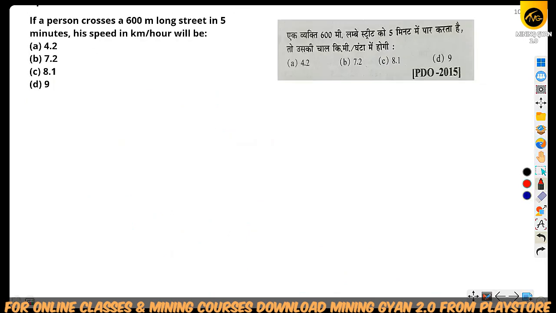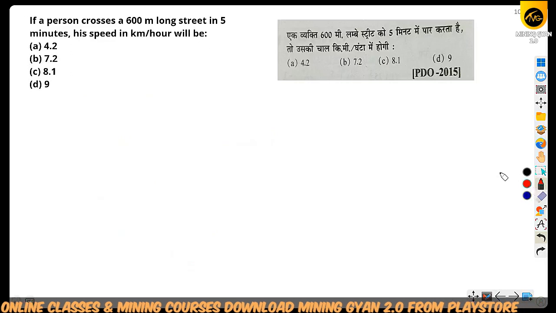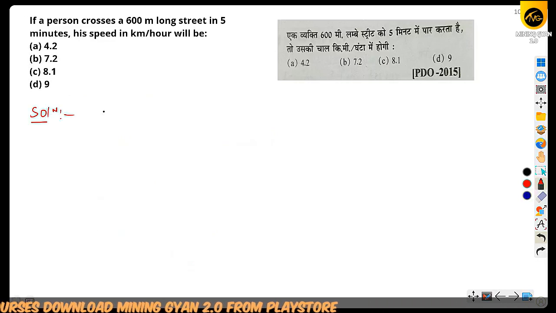Okay, next question is: if a person crosses a 600-meter long street in 5 minutes, his speed in kilometer per hour will be, okay, easy question. Just calculate the speed, that is the distance divided by time interval.